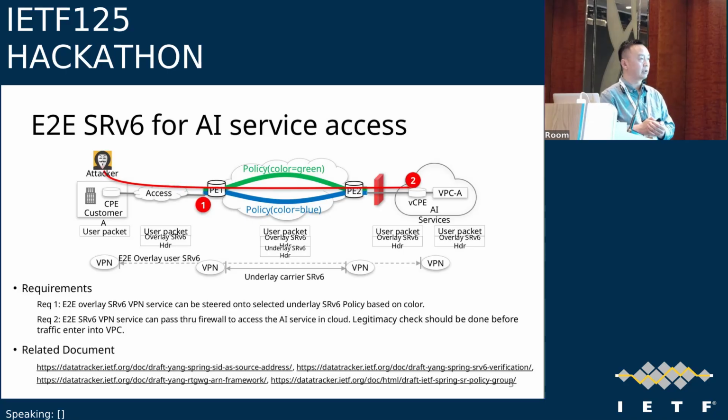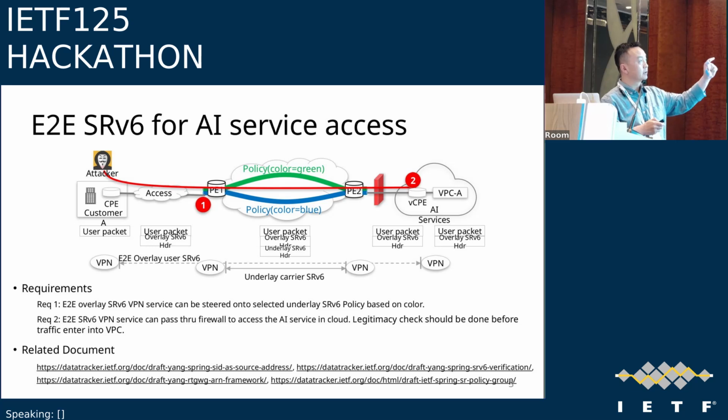So we have an idea: one solution with the overlay solution and collaboration with the underlay network, which can guarantee the agent access services.